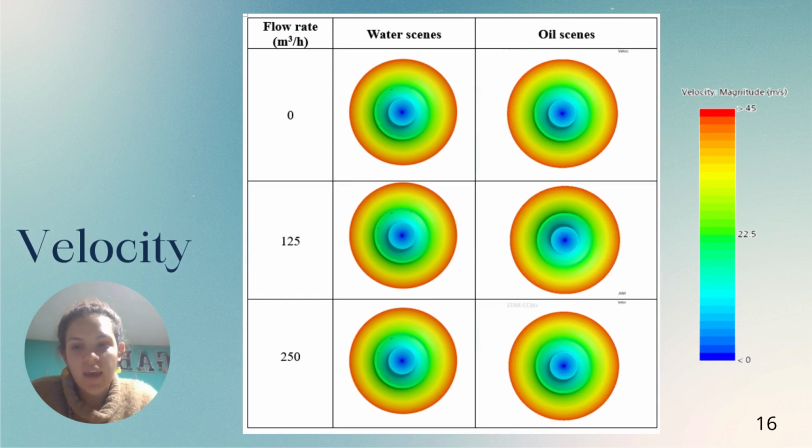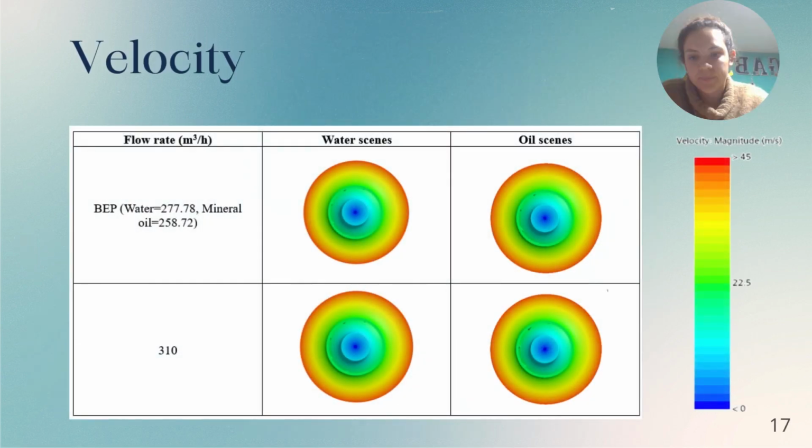In this scene, handling both water and mineral oil, we can notice that the velocity remains consistent within the impeller as it rotates uniformly. Additionally, you can discern that the increase in velocity occurs from the center outward, extending across the radius of the impeller. This uniform rotation and radial acceleration contribute to a consistent and controlled flow.